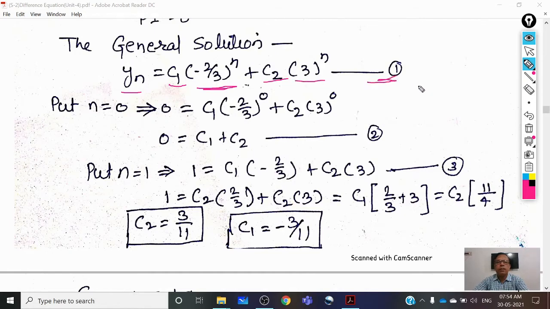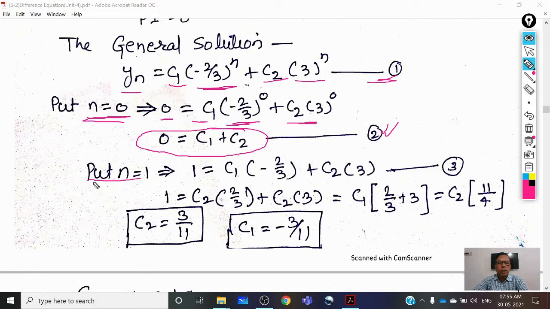I call it equation number 1. By using the boundary conditions, put n equal to 0 in equation 1, we get 0 equal to C1 into (minus 2 by 3) power 0 plus C2 3 power 0. On simplifying, we get C1 plus C2 equal to 0. I call this equation number 2.